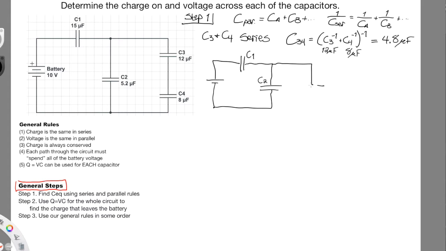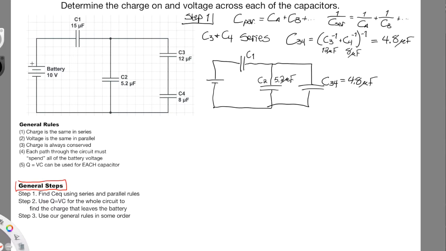But now we've combined C3 and C4 together into C34, which is that 4.8 microfarads, and C2 is the 5.2 microfarads. So as we slowly work this down to get to one single capacitance value, this is where we're at so far.